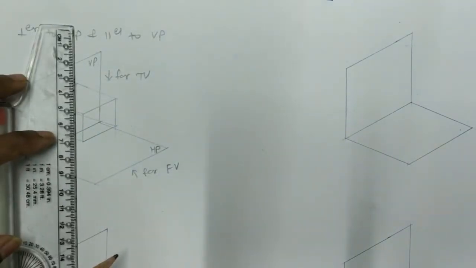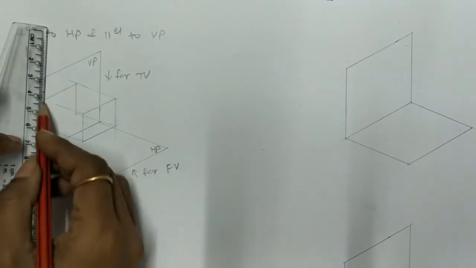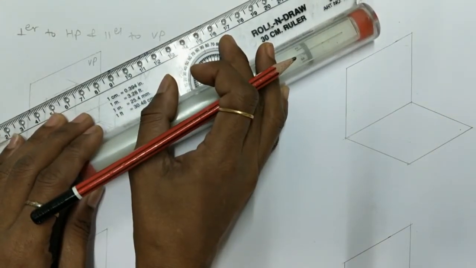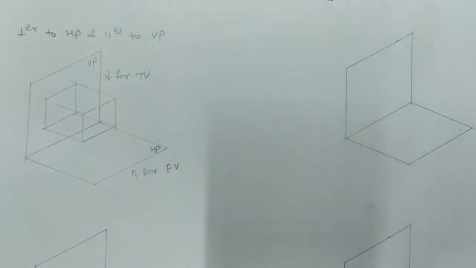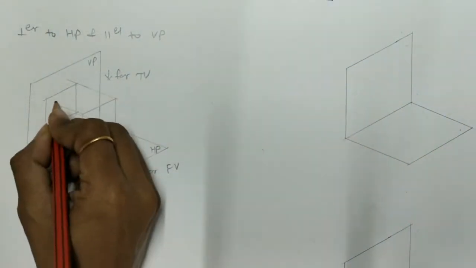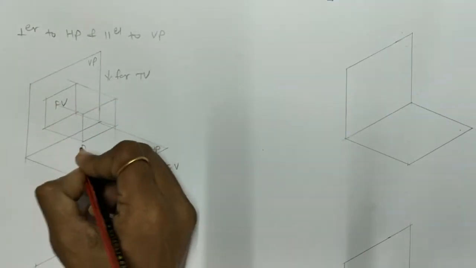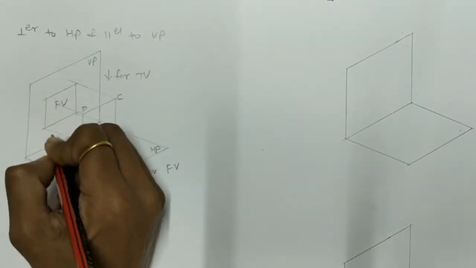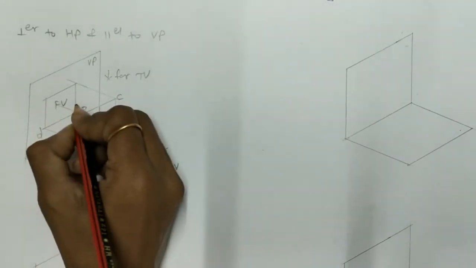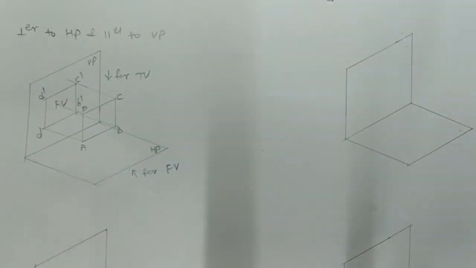Now take parallel line from this also. Like this. So this is the front view. Suppose we give name to this plane as A, B, C and D. So this is A dash, B dash, C dash and D dash.